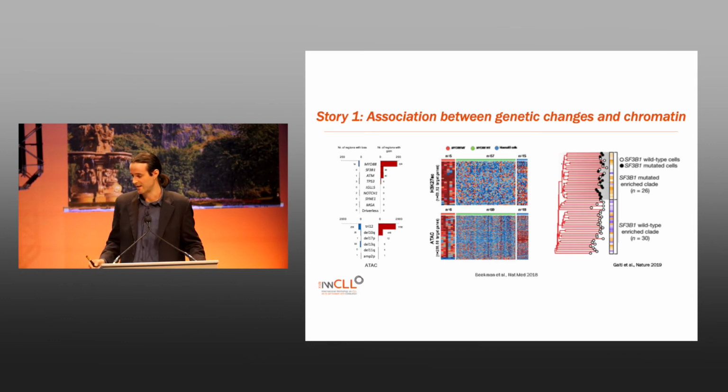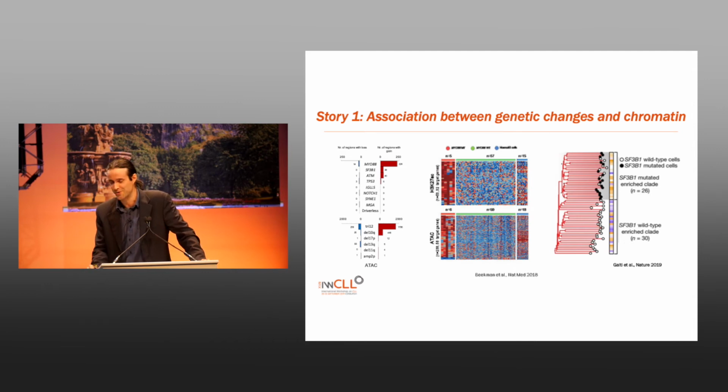This makes sense because a recent paper from Dan Landau's group says that the epigenetic profile of different subclones with different mutations may be different. So to properly understand the link between genetics, epigenetics, and transcription, we may have to enter into the single cell field and combine different molecular layers at single cells.